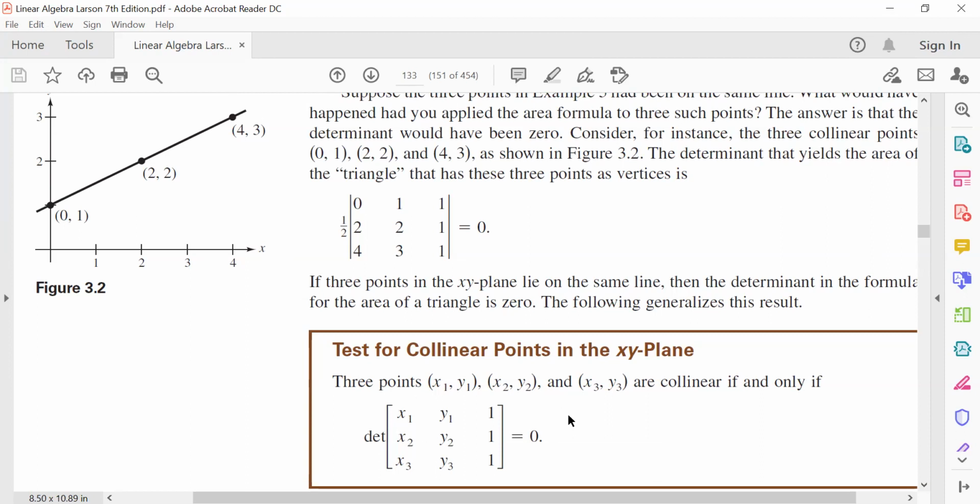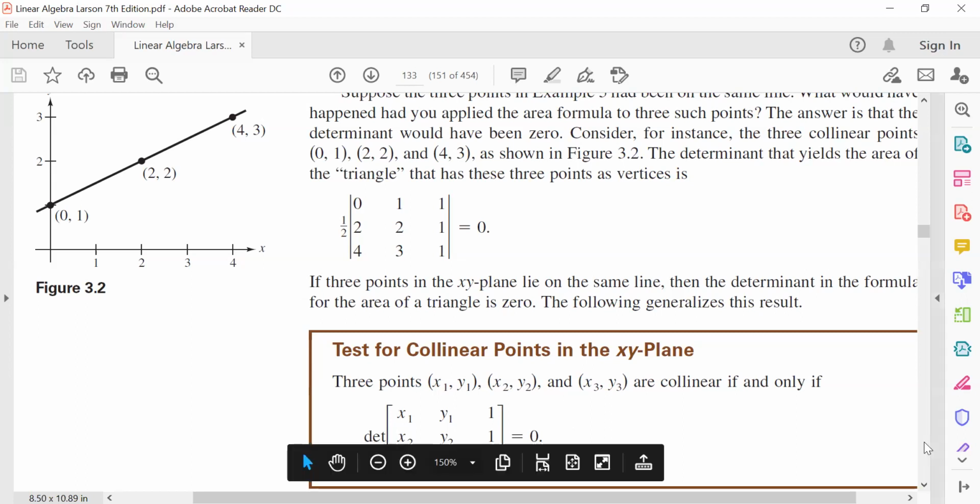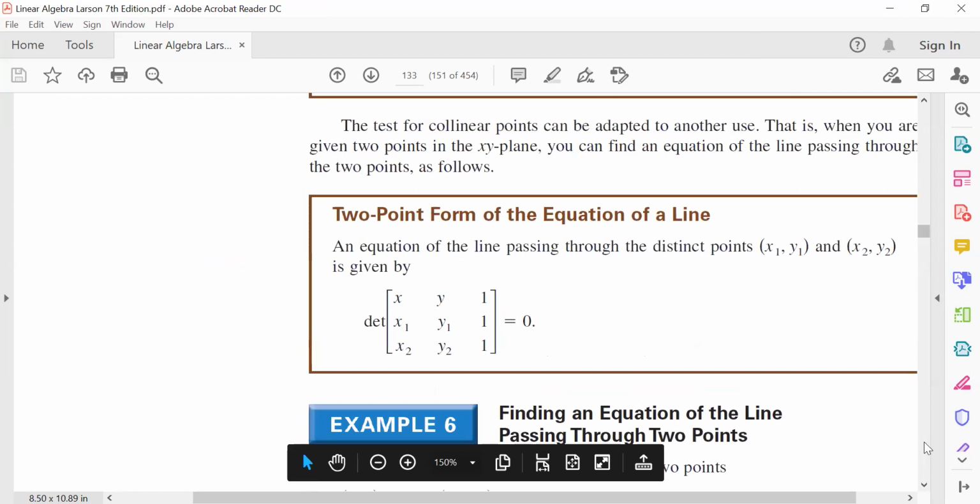Well, if you think about it, this would be all the xy points which yield a 0 determinant with the first and second point, which really means it's all the points on the plane that are collinear with those 2 points, which means, drum roll please, we have the equation.